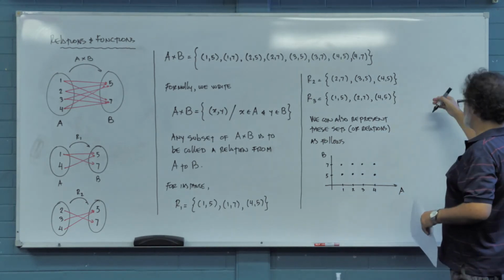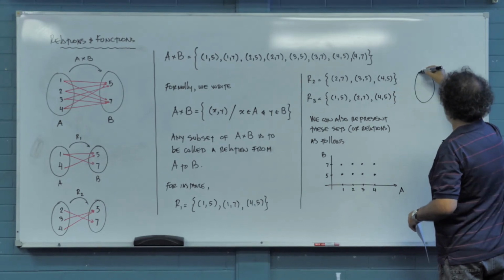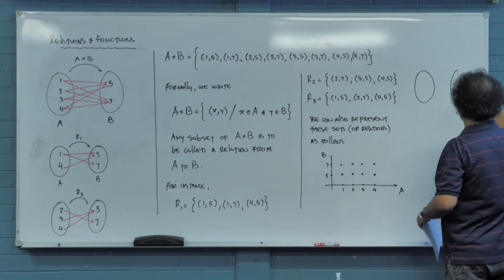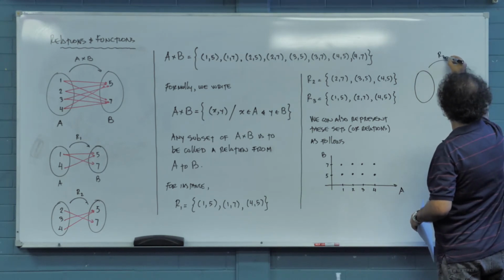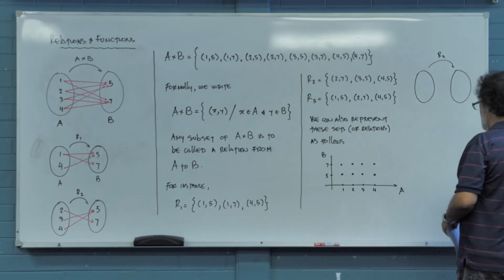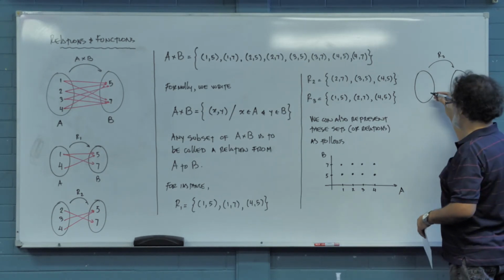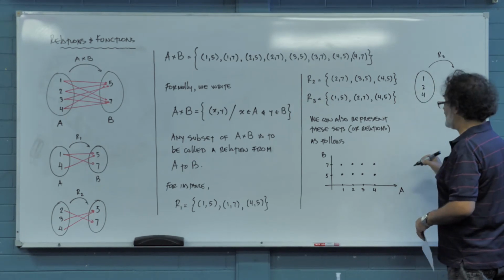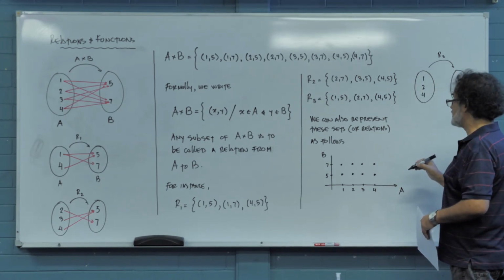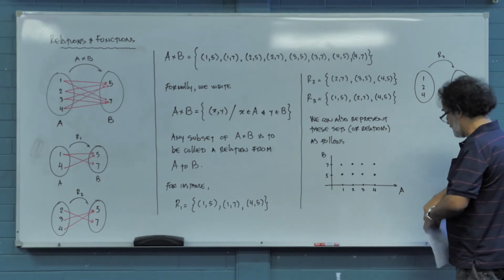And finally, we're going to do R3 in here. And for R3, the input numbers are 1, 2, 4. And the output is just 5 and 7.